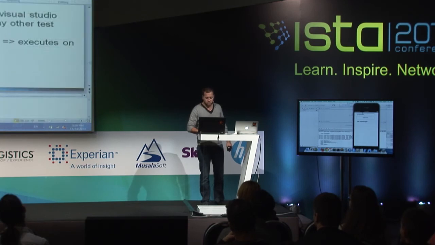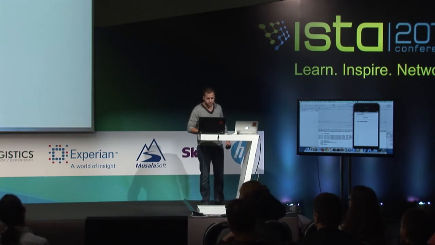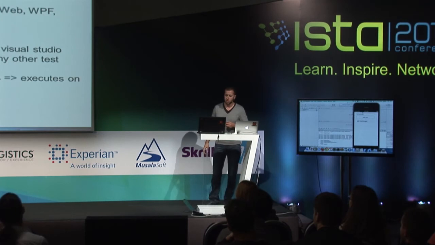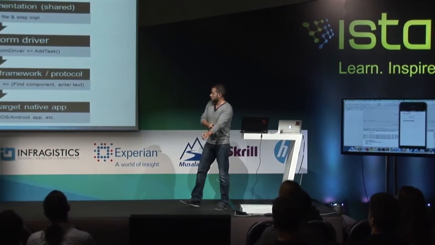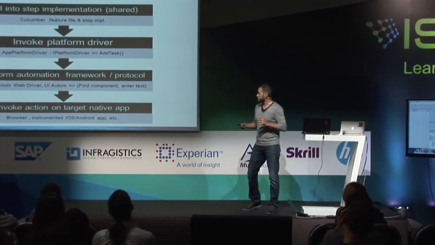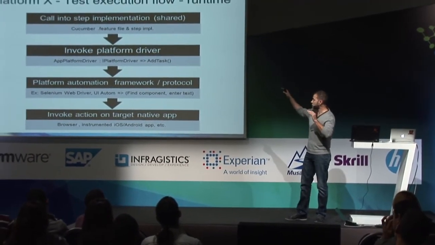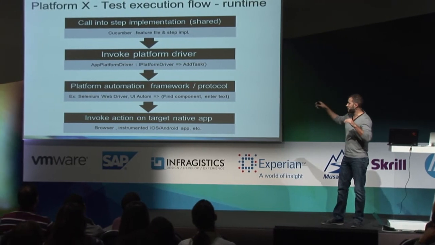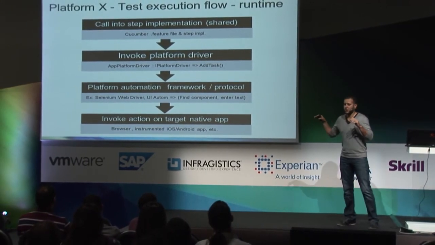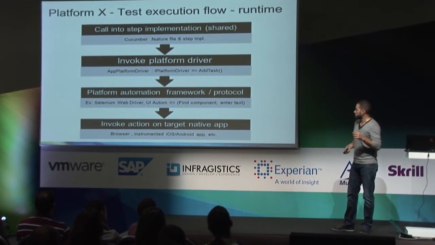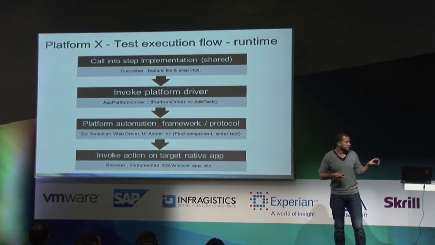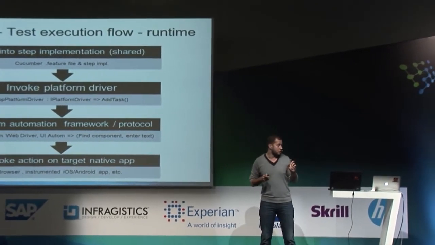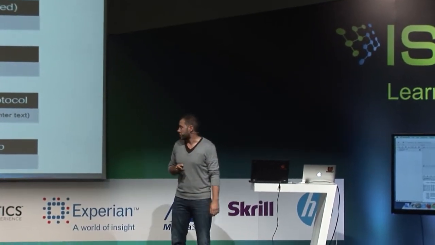Okay, I'd like to go back to my slides now and give you, again, an overview about how each call happens. So I have my step definitions, then I invoke the platform driver, then the platform driver invokes the automation framework, which is Selenium WebDriver, UI Automation, or this custom driver that I wrote for Calabash Android and Calabash iOS.